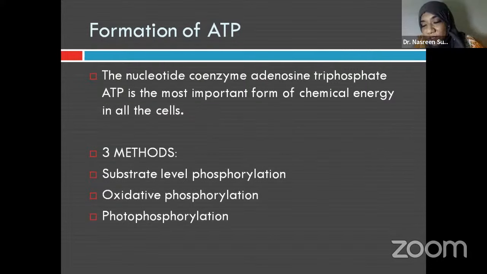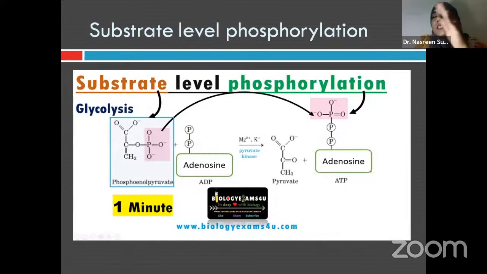Okay, so coming to substrate level phosphorylation, here is how the ATP is formed. It is formed by phosphorylation. It means ATP will transfer one phosphate group. Adenosine triphosphate means this adenosine has three phosphate groups. So now one phosphate is transferred to the substrate.